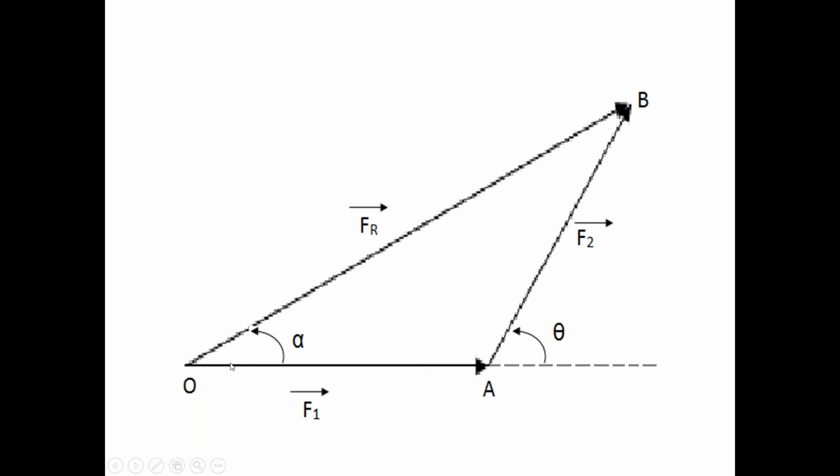OA is the graphical representation of the force F1 bar. Then from point A, draw another straight line parallel to the direction of force F2 bar.